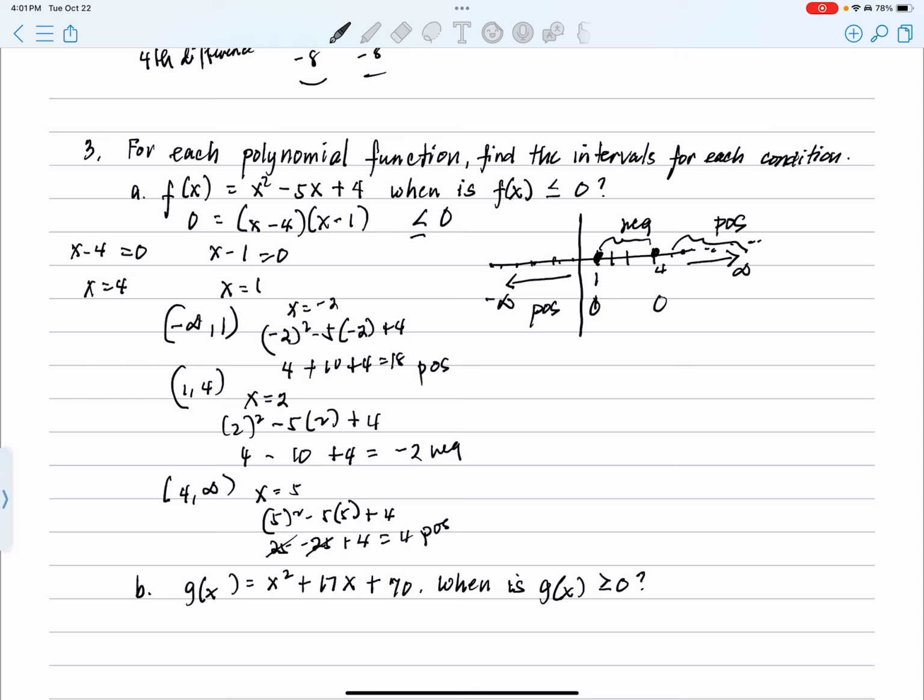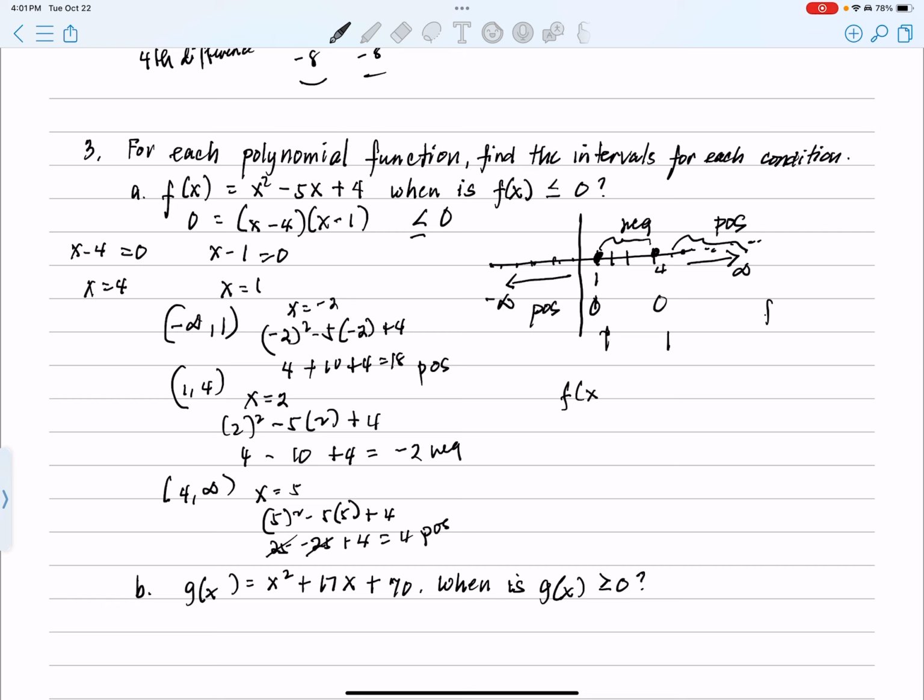All right. Less than or equal to 0. So this is included. These are zeros. That would be equal to 0. So f of x is less than or equal to 0, so it should not be greater than 0.